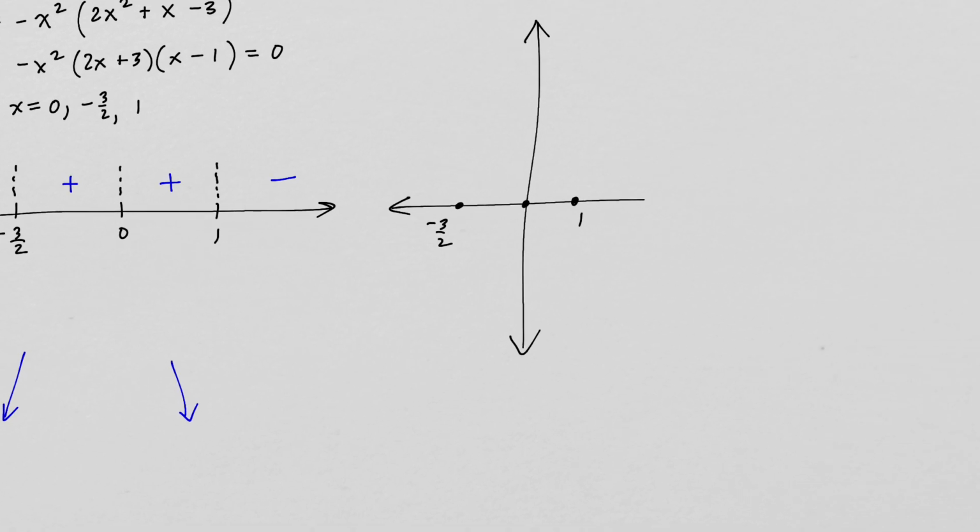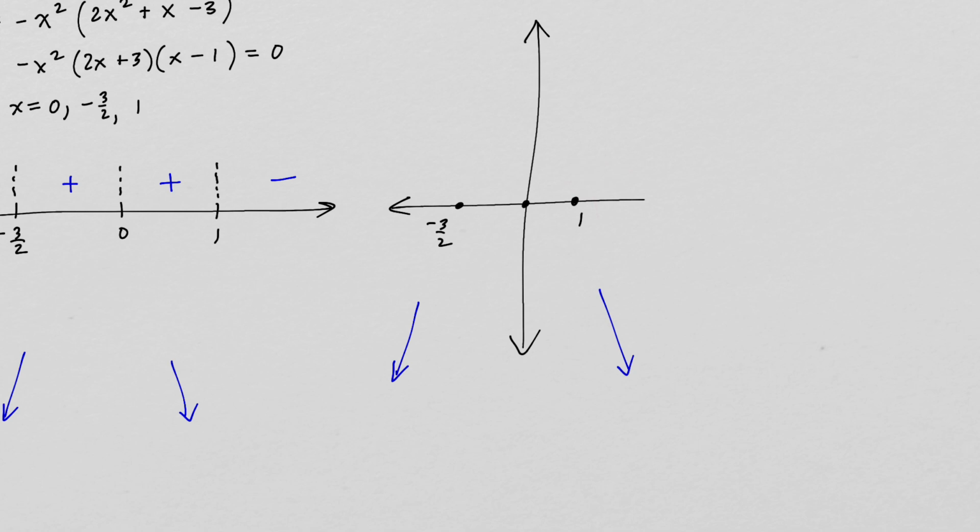So we know that the graph is going to go down in this direction and down in this direction. But if you think about it, how is it going to behave at the zeros? If I go through this 0, and then I go through this 0, how is that going to be that I go through this 0 and go down? That's not going to be what happens there, is it?